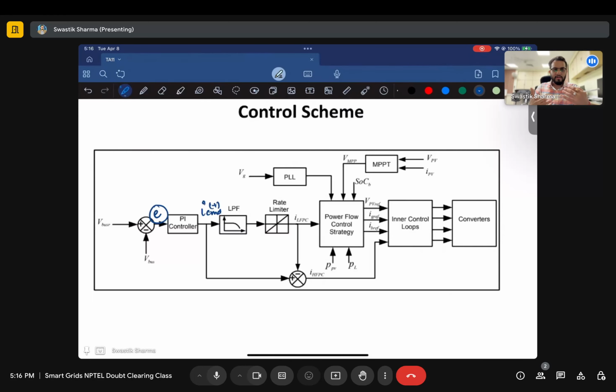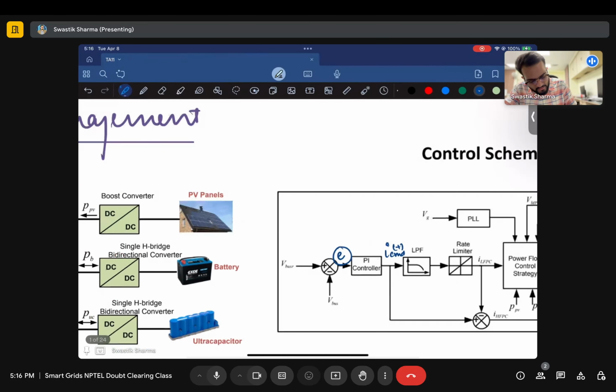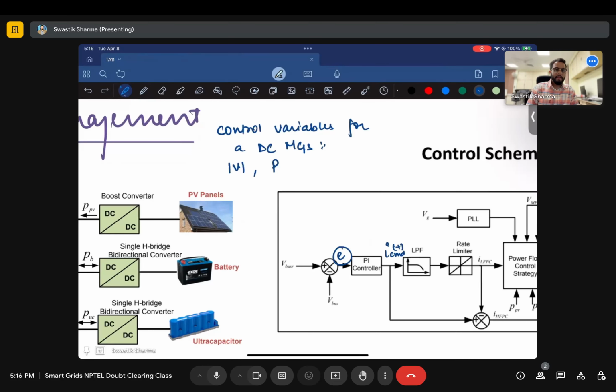So when we talk about a DC microgrid, what are the control variables? It's voltage and power. Compared to our AC grids, we have power, we have voltage magnitude, we have voltage phase angle, and then we have frequency or Q. So we have a lot of control variables.